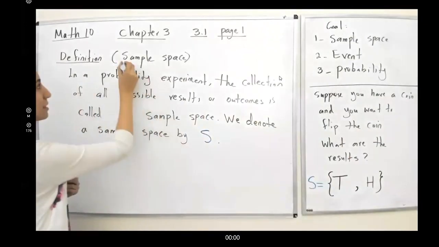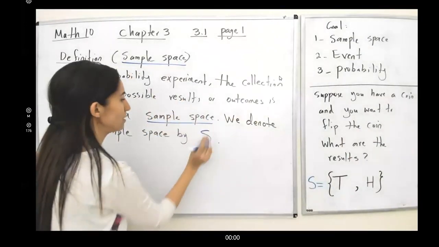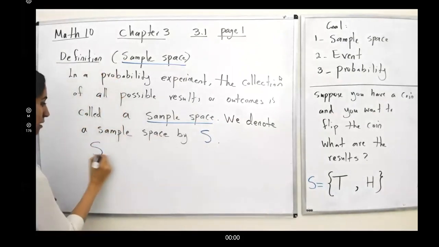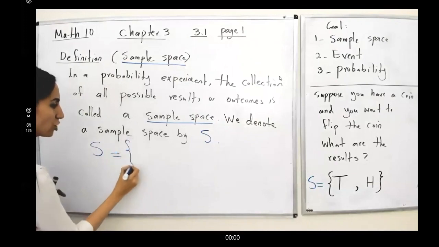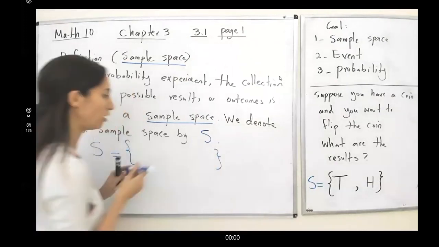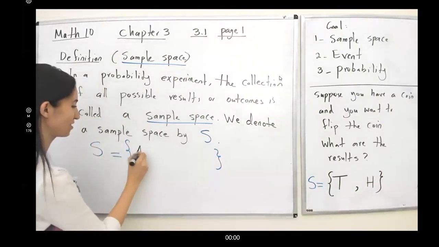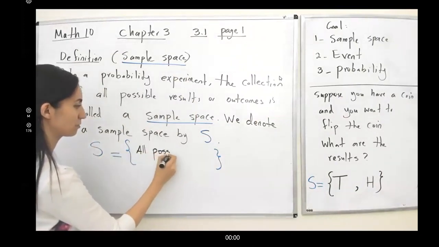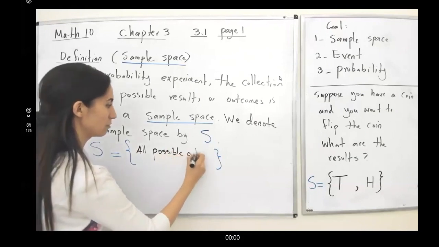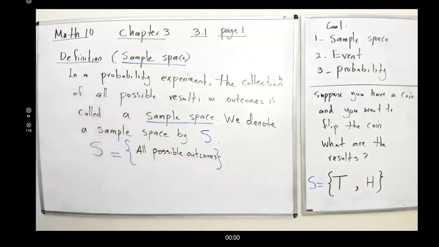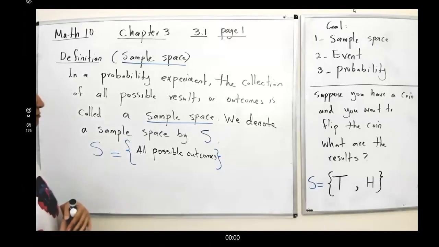So sample space denoted by S is equal to the collection, the set of all possible outcomes. Very well. I have a question about the sample space.